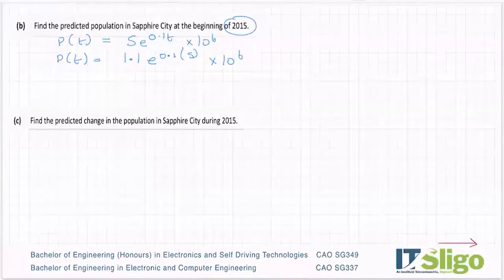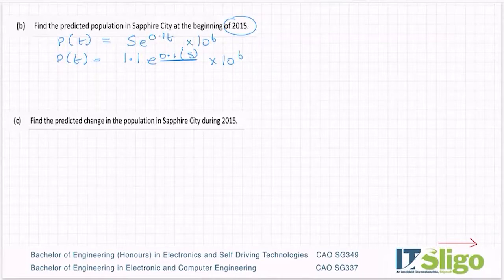And you can see that's just a number, so put it into your calculator. So 1.1, shift the ln button so you get e, and then into the power I have 0.1 bracket 5. Then I'm hitting the right arrow so that I jump down again, by 10 to the power of 6.